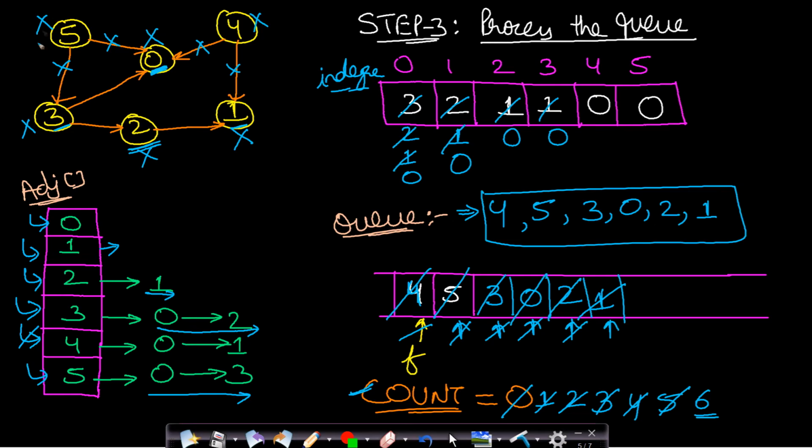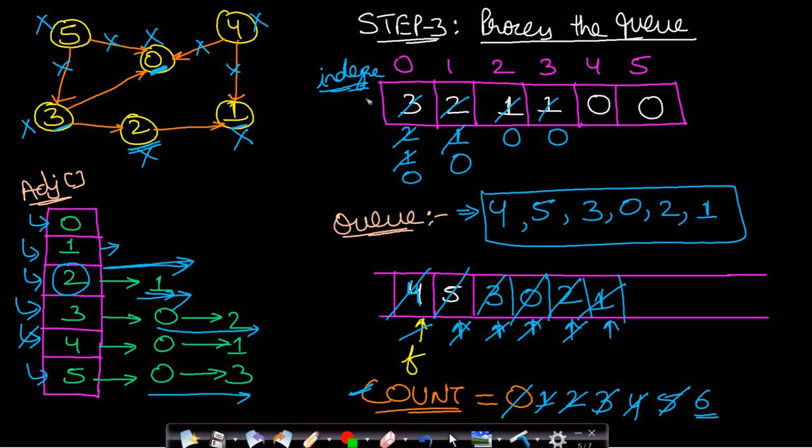So when we remove a node from the graph, then all the adjacent nodes will get affected and their in degree values will get decremented by 1. So we will basically be traversing the adjacency list for the node which we want to remove, and we will decrement the in degree values by 1 for all the adjacent nodes.